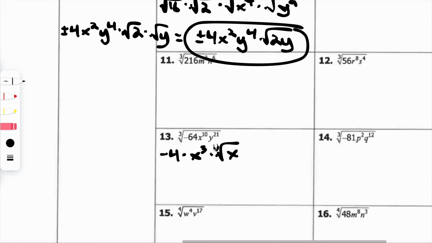Now for the y part, we're asking ourselves again, how many times does 3 go into 21? That goes in 7 even times. There's no leftovers. So we're going to say y to the 7th. Okay?